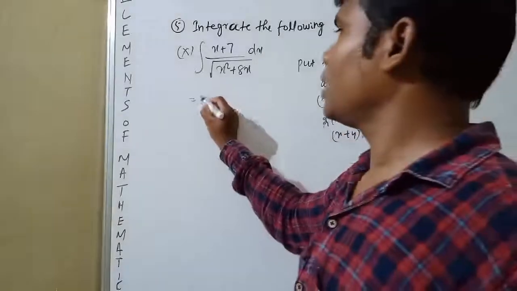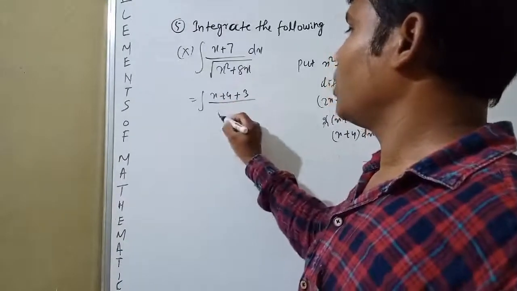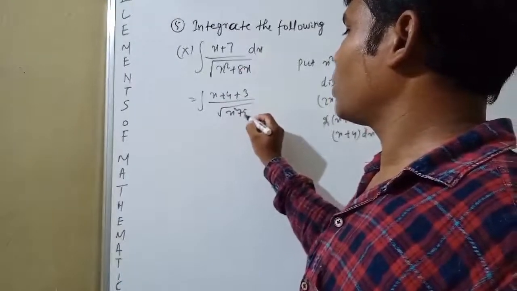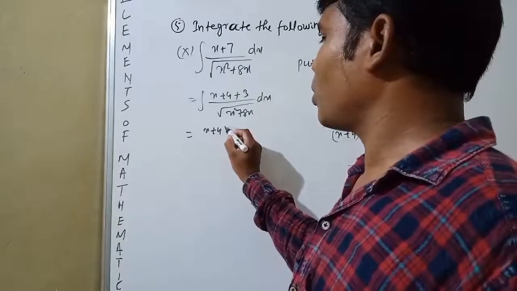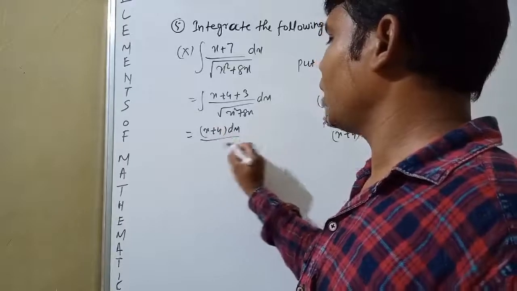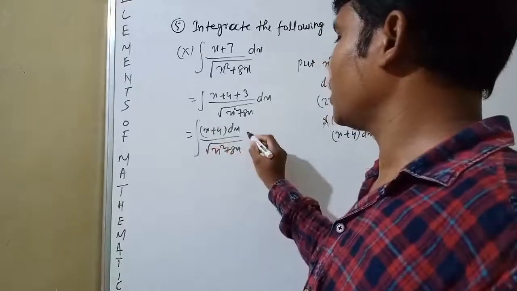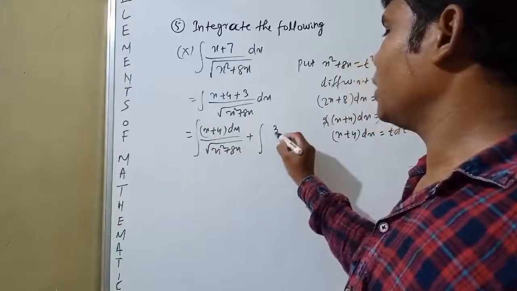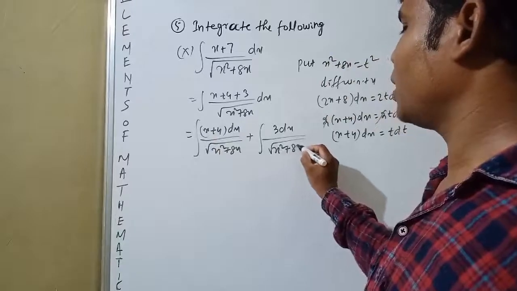Here you see x plus 7 is given, that is x plus 4 plus 3 by root over x square plus 8x dx. You separate it: integration of x plus 4 dx by root over x square plus 8x plus integration of 3 dx by root over x square plus 8x.